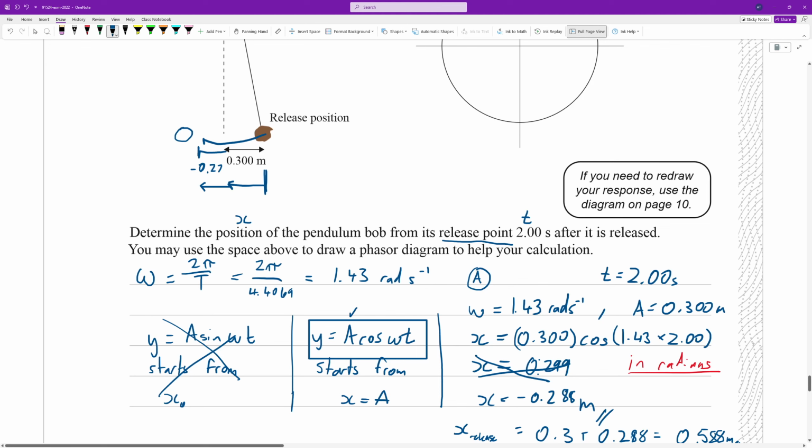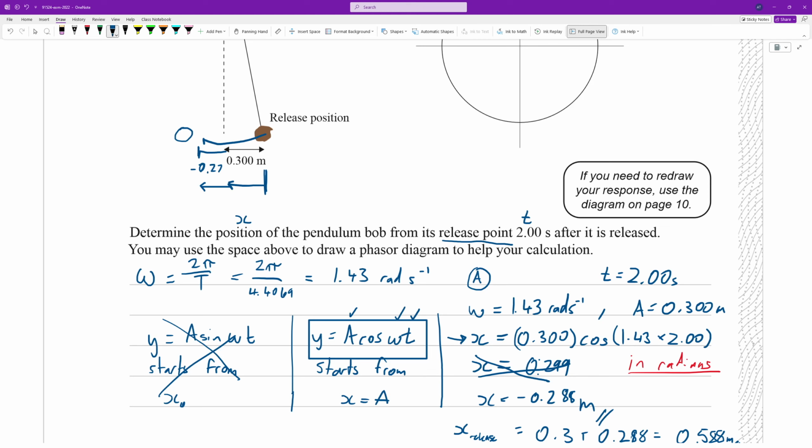We know A was 0.3 meters. We know omega because we worked it out, and we were given T. So plugging in those values, we found after 2 seconds, it would be at 0.288 meters to the left of the rest position.